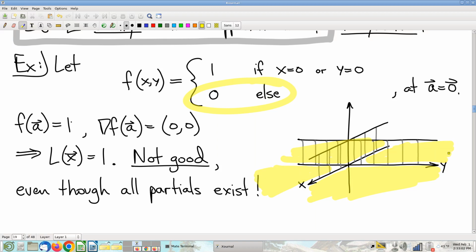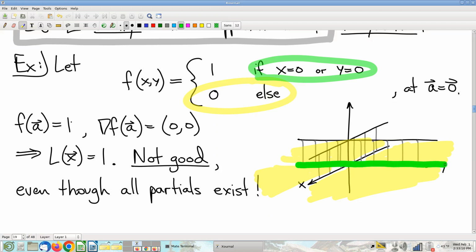So the function is 0 in most places, but if either x or y is 0, in other words, if x is 0, namely on the y-axis, or if y is 0, namely on the x-axis, for all of those points, the value of the function is 1, not 0. And so above all of these green points, the value of the function is 1.